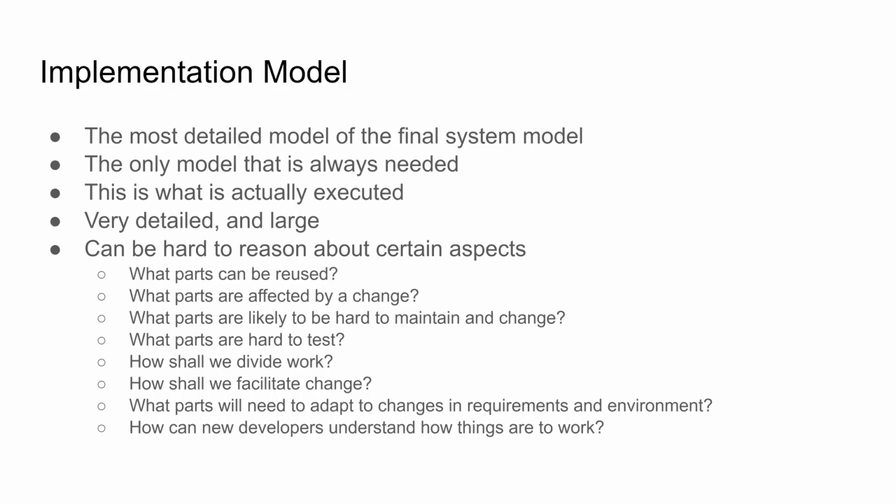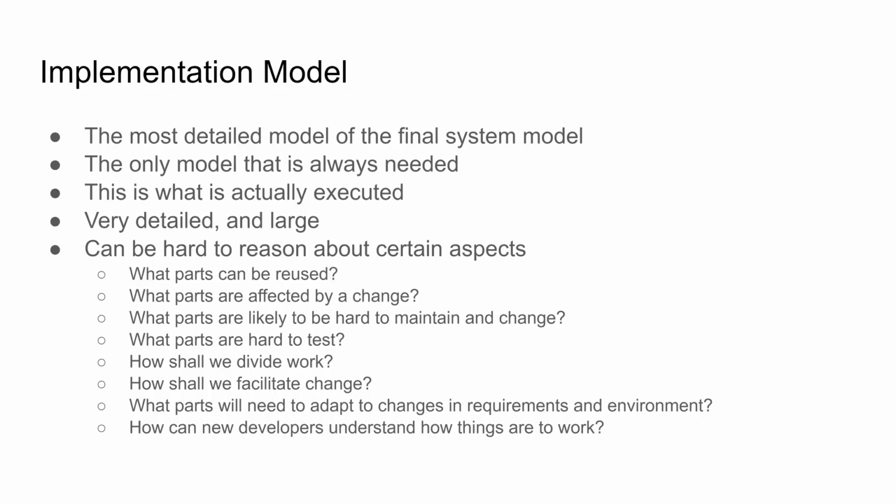While it's needed, it's very detailed. So the implementation model is of course very detailed and often quite large. And this makes it hard to reason about certain aspects of the implementation. For example, is it easy to know what parts can be reused by looking at the source code? Maybe not, especially if the source code is large.